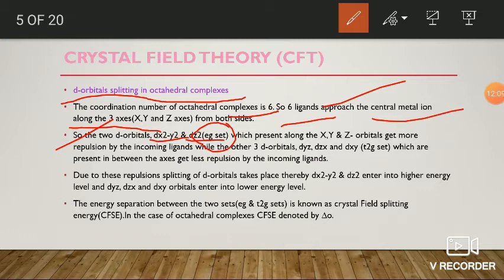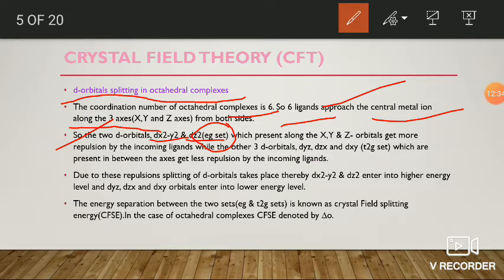So the eg set orbitals, which are located along the axes, get more repulsion compared to the other 3 d orbitals, that is dxy, dyz, dzx, which are located in between the axes. Here the two d orbitals, dx²-y² and dz², are combinedly known as the eg set orbitals.